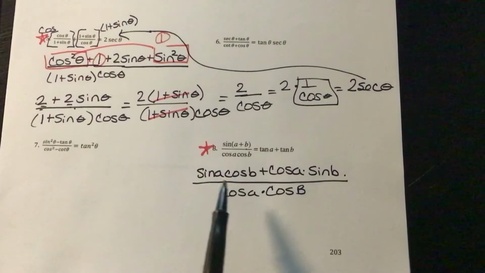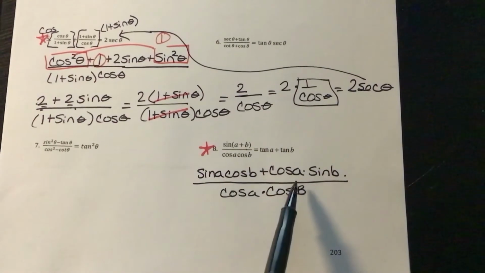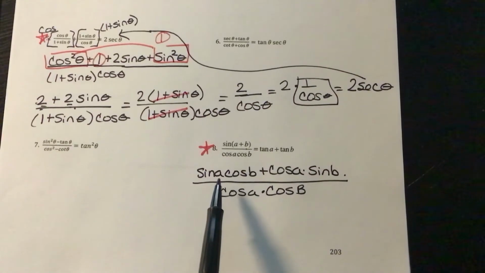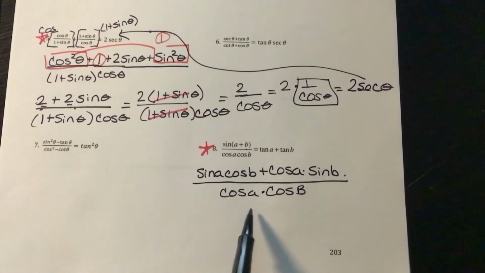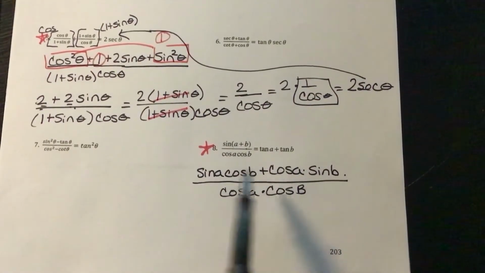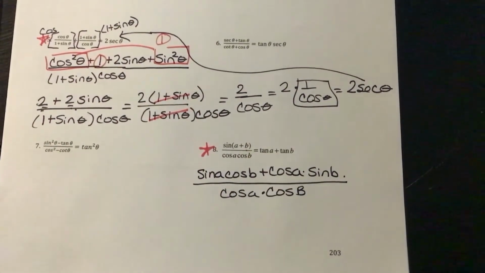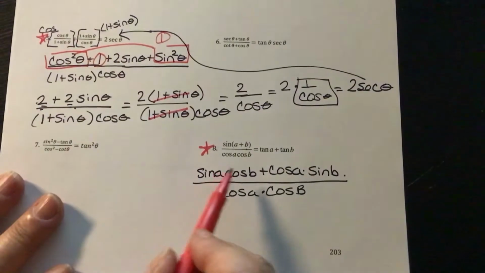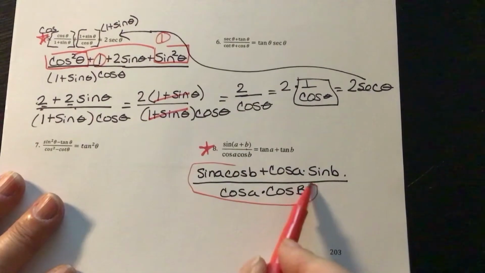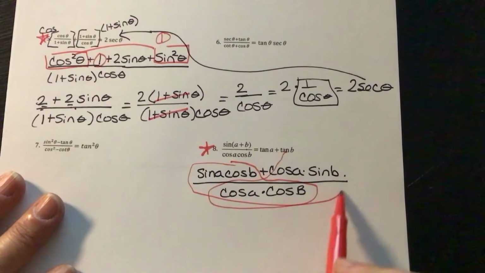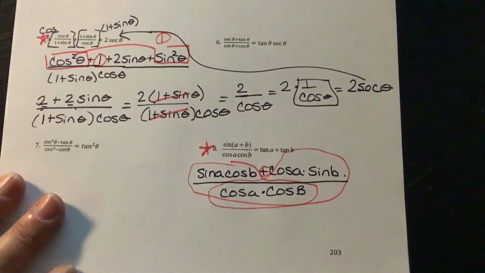So looking at the top, I'm not able to factor out anything to cancel a factor on the bottom. Right now, everything is part of a sum. So what I'm going to do is break up my fractions. I'm going to have a fraction here and then a fraction here that's added together.